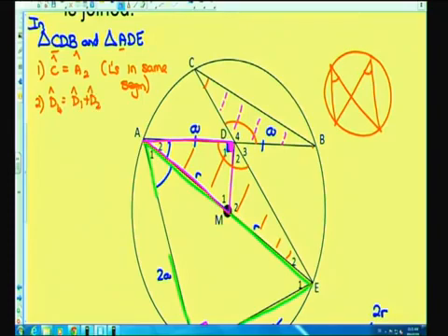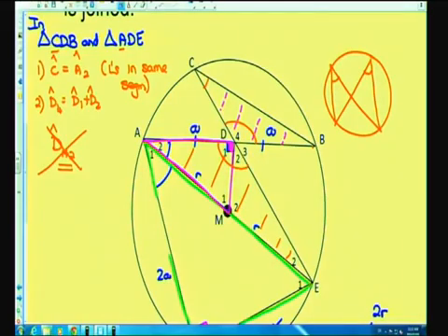Now, just while we're here, I want to mention, please don't ever do this. Okay, it's not acceptable notation. You write D1 plus D2, not D with a little subscript 1 plus 2. So never ever do that. It's not good notation. And after all, we want you to have good notation, so let's just stick to what works. And that would be vertically opposite angles.